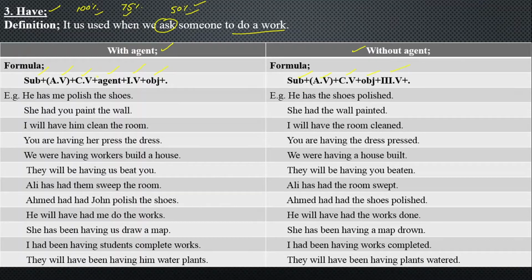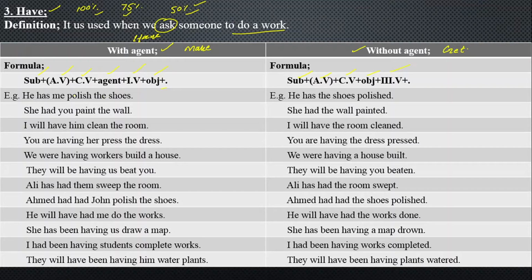Keep in your mind, causative verb have with agent is equal to causative verb make, and without agent it is equal to causative verb get. So you need to know this one. Like I say, he gets the shoes polished, he has the shoes polished. You will say he makes the shoes polish, only first form. This is the difference.